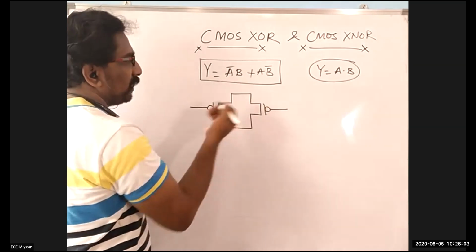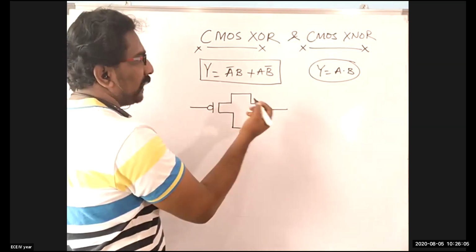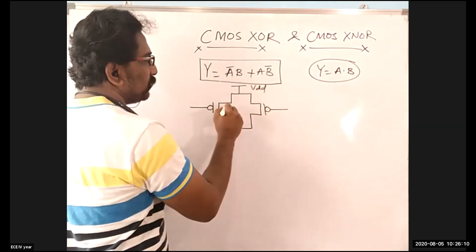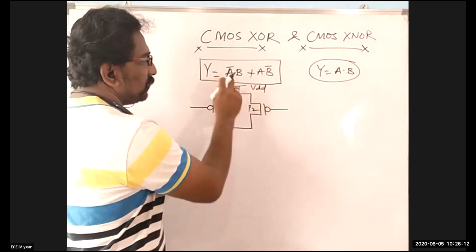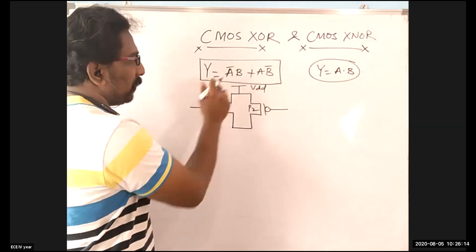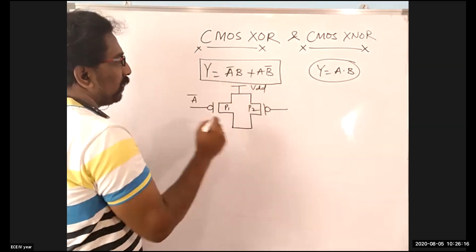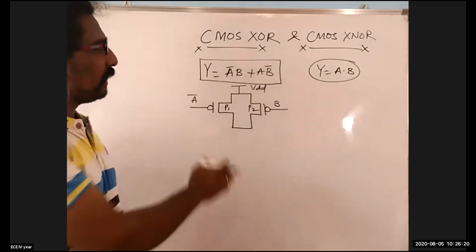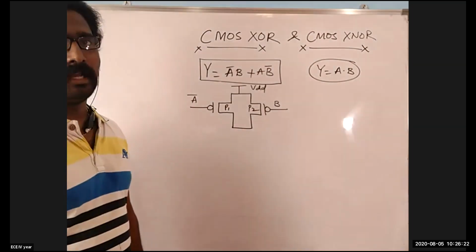This is nothing else but the P block of an AND gate, with VDD. This is your P1, P2. Since the input is A bar, I'm putting it as A bar, and this is your P. Later I'll explain what that A bar is and how to analyze it.